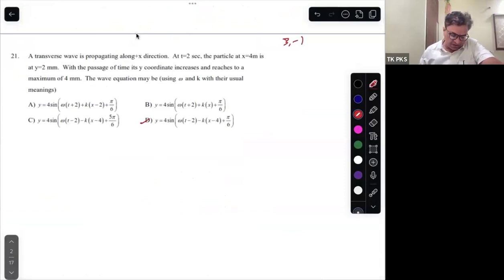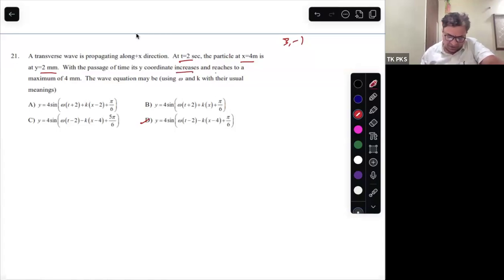Next. A transverse wave is propagating in the positive x direction. T is equal to 2 seconds, x is equal to 4 mm, displacement is given as 2 mm. With the passage of time, y coordinate increases and reaches a maximum of 4 mm.